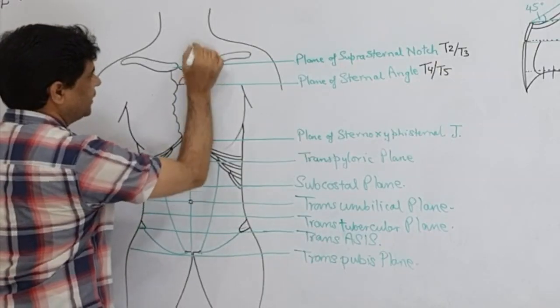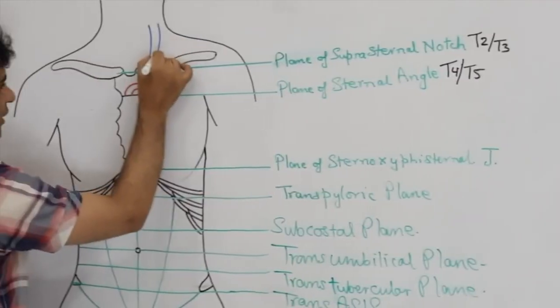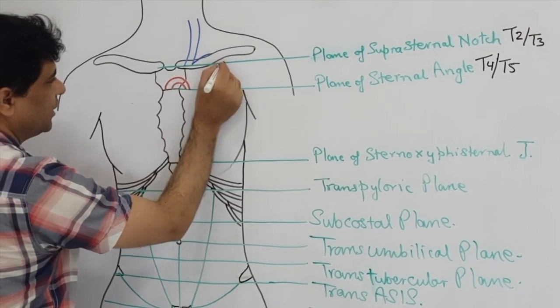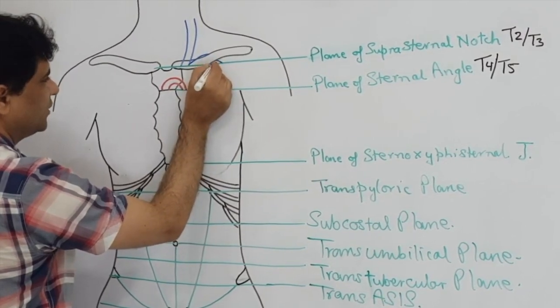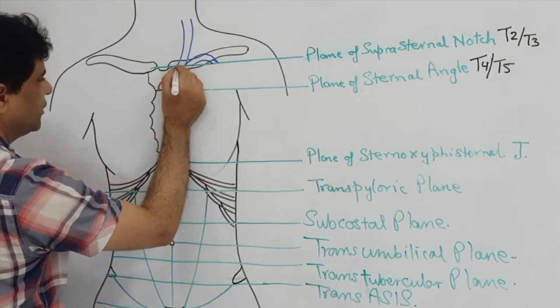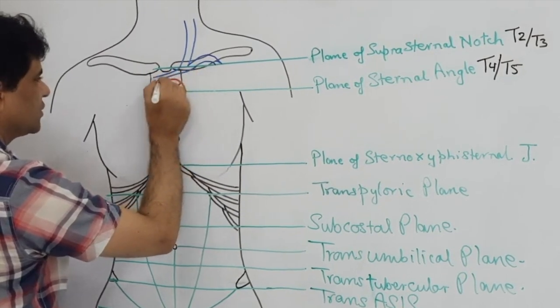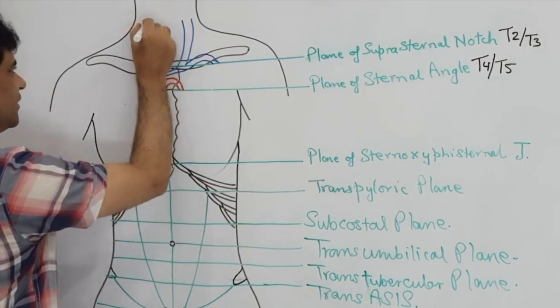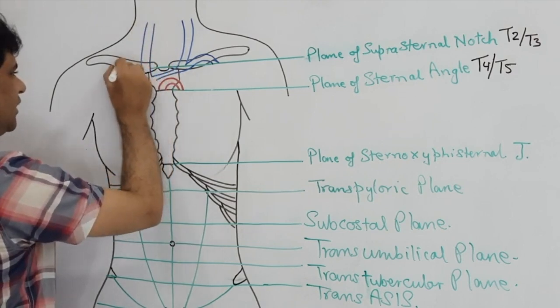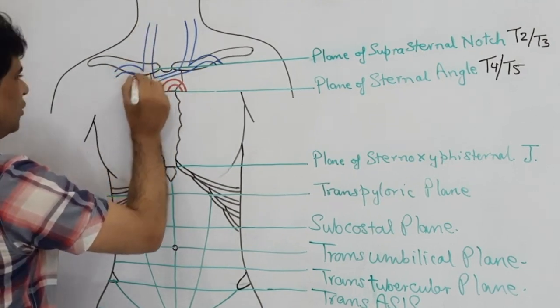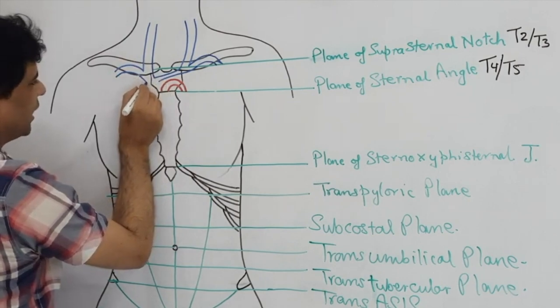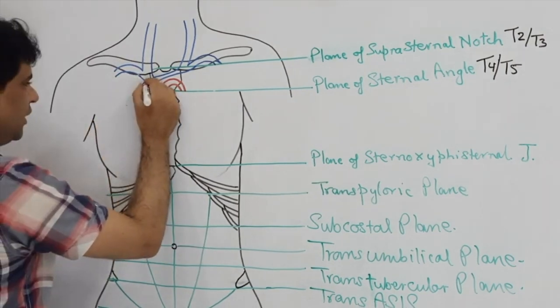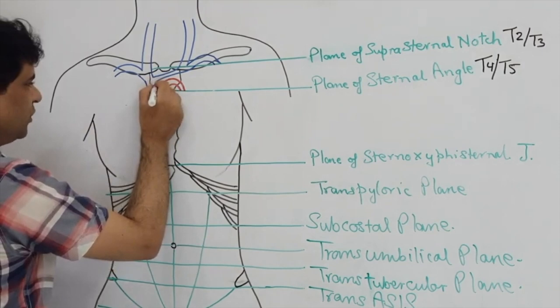And behind here, this is the left internal jugular, then there will be the left subclavian. Both of them will join here like this, and here it will be the right internal jugular and right subclavian vein. Both will join to form the right brachiocephalic vein, and together they will form the superior vena cava.